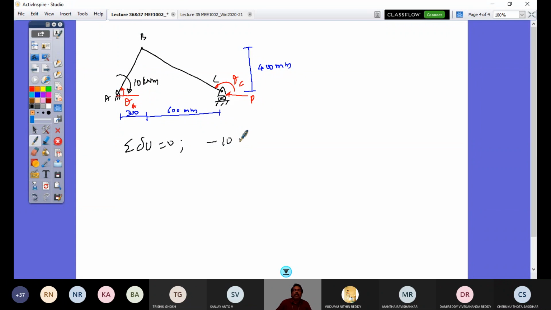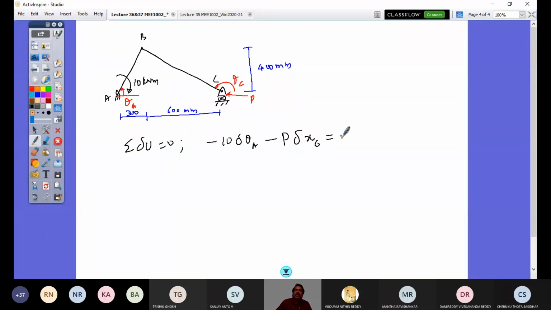So 10 kilonewton into delta theta A. So this angular position theta A would have an arbitrary angular displacement delta theta. That's what I write. So this couple into this is the work done by this external couple. And this force P is to the left, so minus P into delta XC, because this point is C and it's horizontal, delta XC. So this is equal to 0.